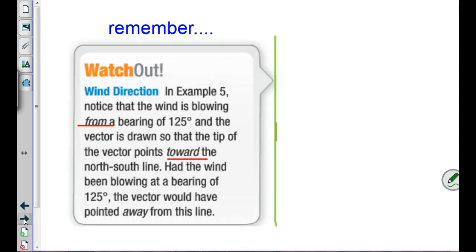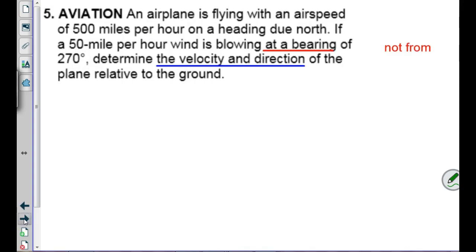You want to do one with wind? Let's try this number 5. An airplane is flying with an airspeed of 500 miles an hour at a heading of due north. Oh, well, that's easy. Let's just do the plane here. Anybody give me its components?